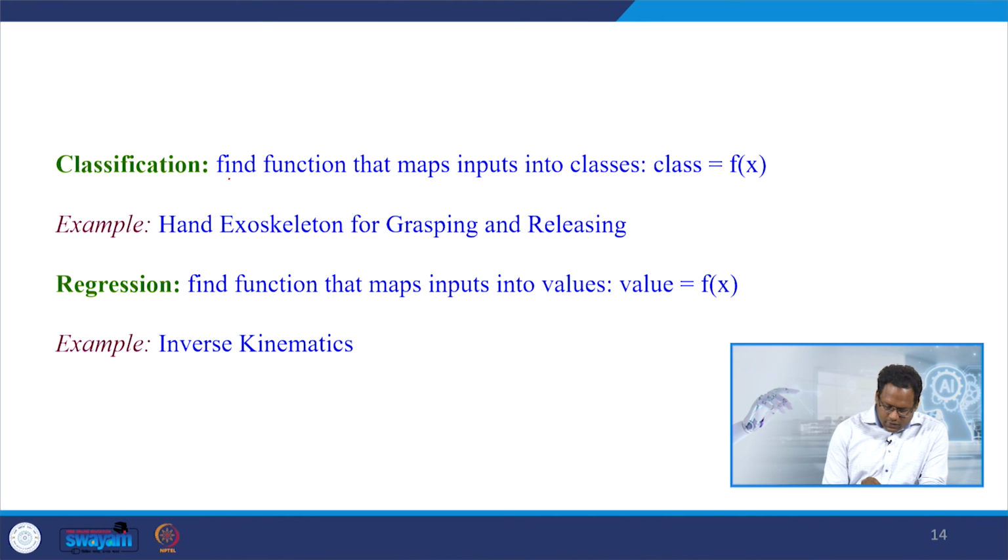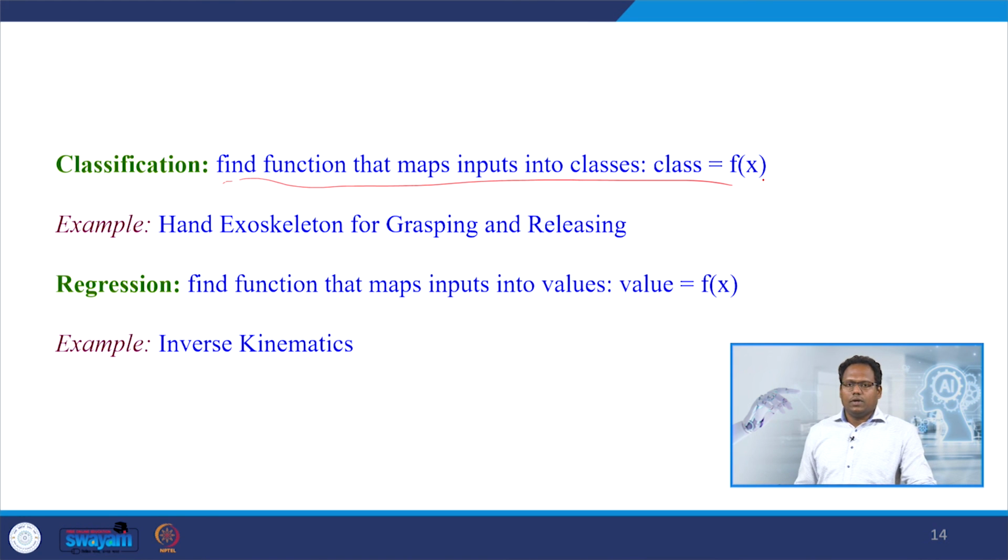Thus, classification is finding a function that maps input into classes. Thus, class equals a function of input. Given an input x, which class it belongs to is the output of the classification. For example, take a hand exoskeleton to move the fingers towards grasping and releasing.